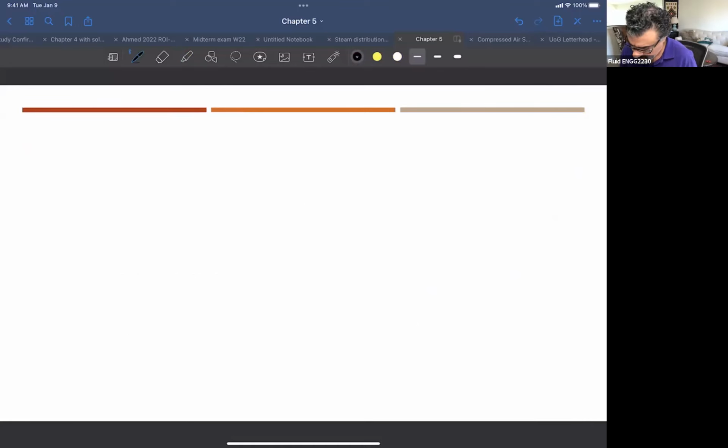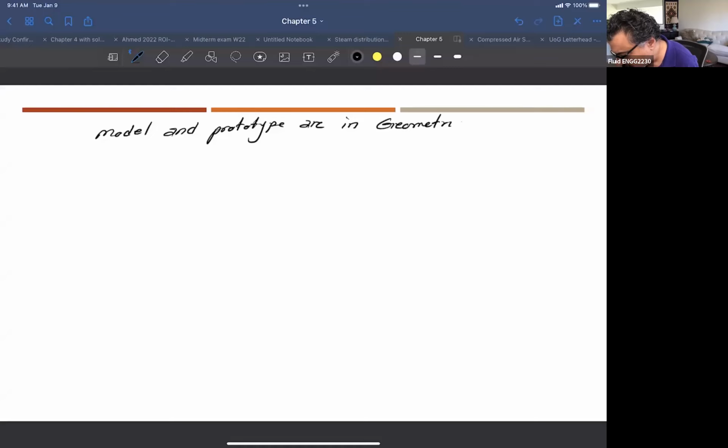Model and prototype in geometrical similarity, which means that the diameter of the valve in the prototype, if you remember, was 2 feet.